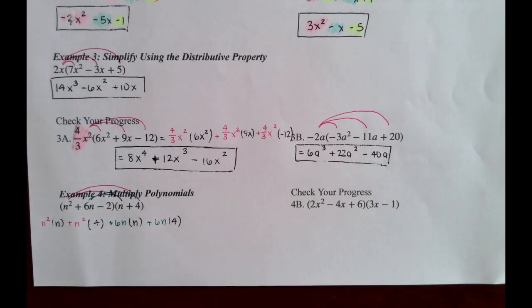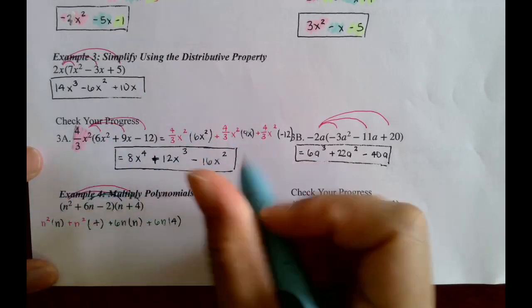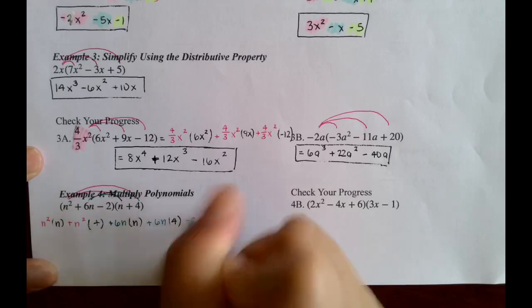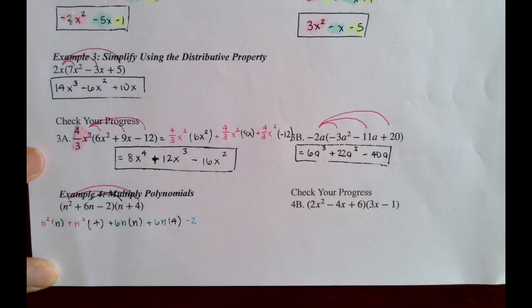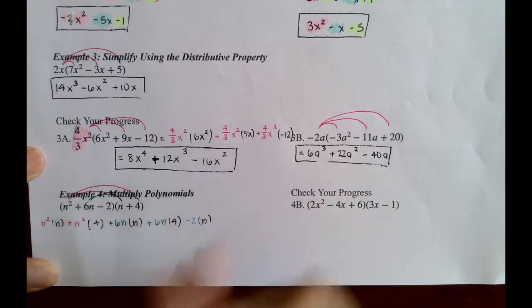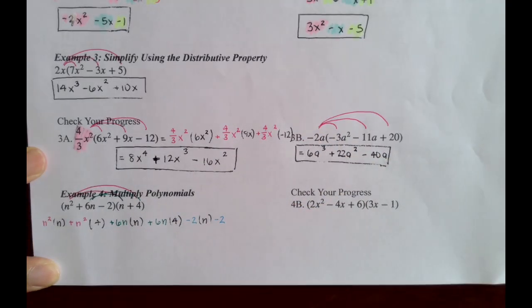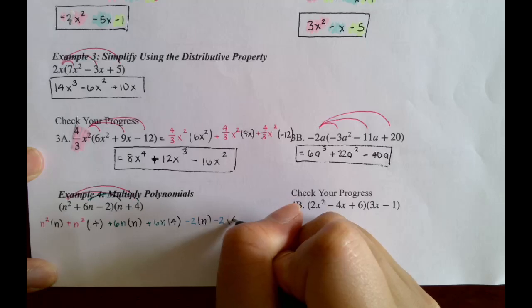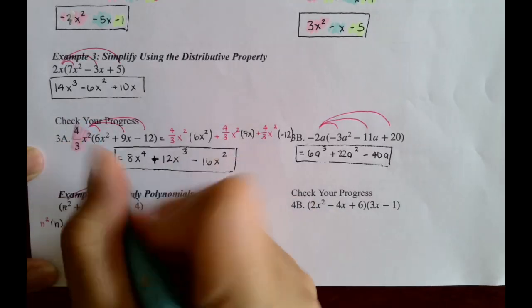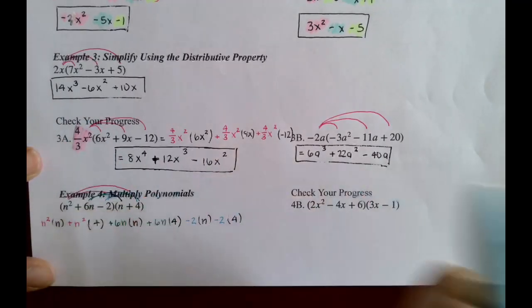Okay. And then I can do -2 and distribute it too. So -2 times n, and -2 times 4. And that takes care of me distributing my -2's.